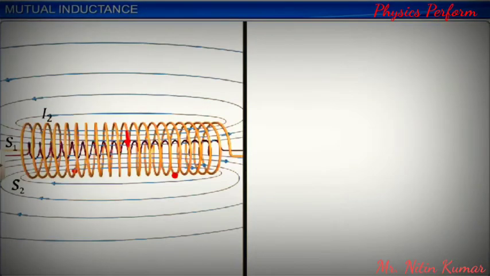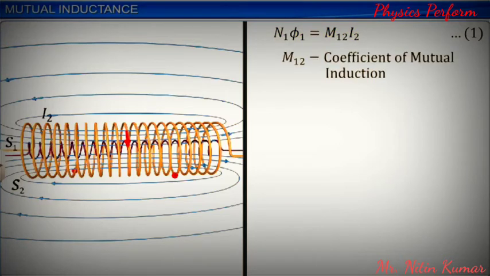Then, the total flux linkage with solenoid S1 is N1 phi 1 equal to M12 I2. Let this be equation 1. M12 is called the mutual inductance of solenoid S1 with respect to solenoid S2. It is also referred to as the coefficient of mutual induction.